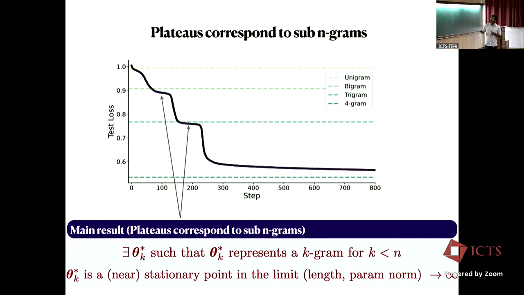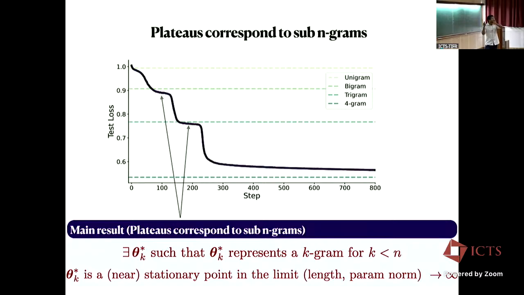Mathematically you can show that there exists a realization of parameters for this transformer so that it can indeed represent a k-gram for all k less than n. In this case, if n is 4, trigram, bigram, everything. You can also show that this realization is almost a stationary point, in some large limit, with length and parameters, everything going to infinity. Each of them acts like a stationary point, and that's why these plateaus occur.